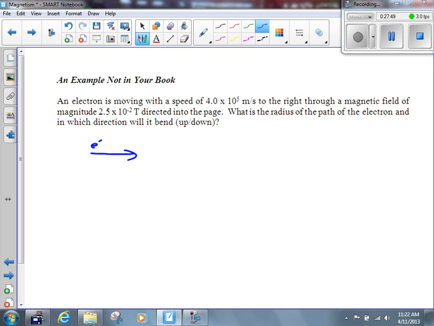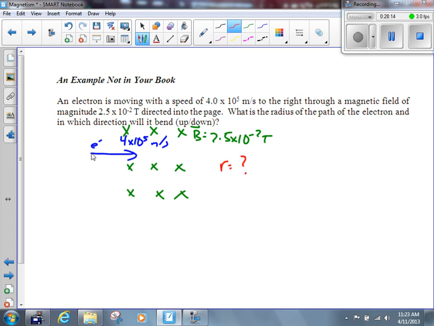It's moving with a speed of 4 times 10 to the 5 meters per second. The magnetic field is directed into the page, and its value is 2.5 times 10 to the minus 2 Tesla. And we're looking for the radius of the path. We're looking for how big of a circle it makes.